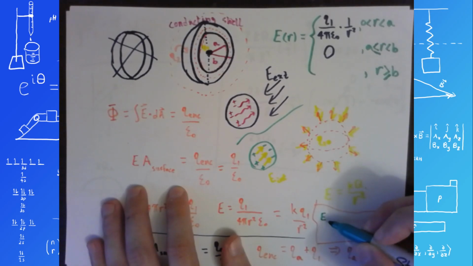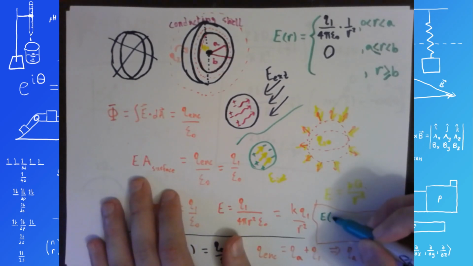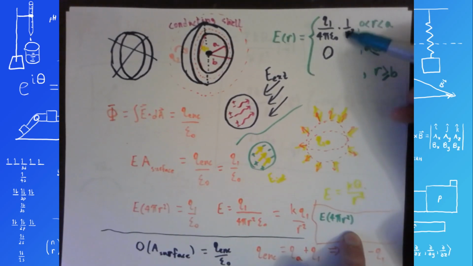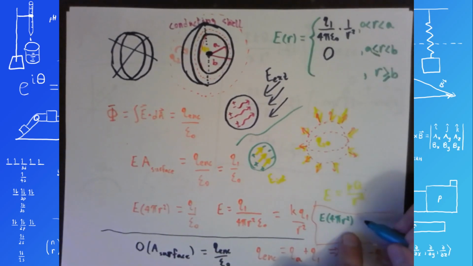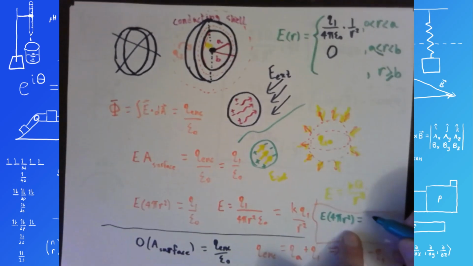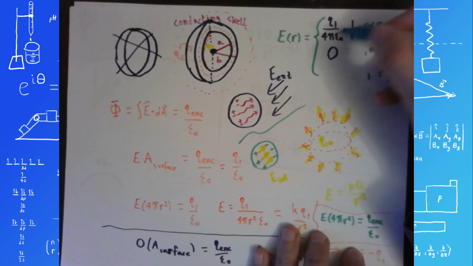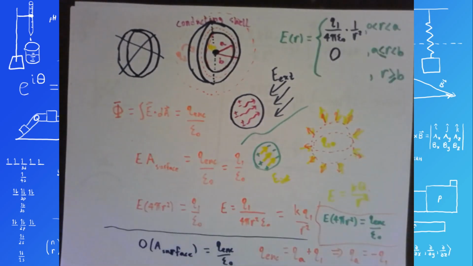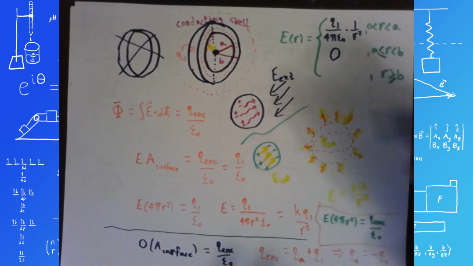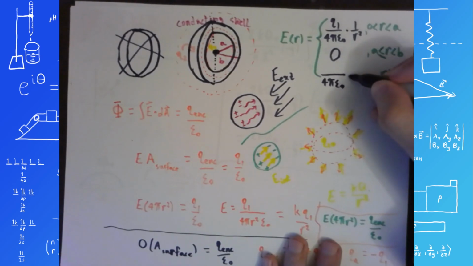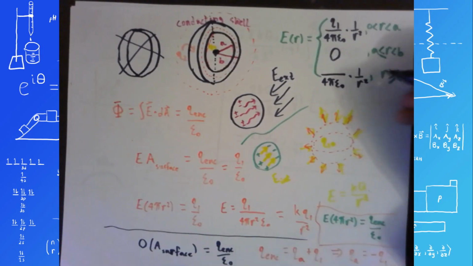So a constant times the surface area of that sphere, 4 pi r squared, where this time r is greater than or equal to b, not the same as this r, which is between 0 and a, equals charge enclosed over epsilon naught. We can divide by 4 pi r squared and get the same denominator we got over here. So let me write that down: 4 pi epsilon naught times 1 over r squared. That part is all the same.